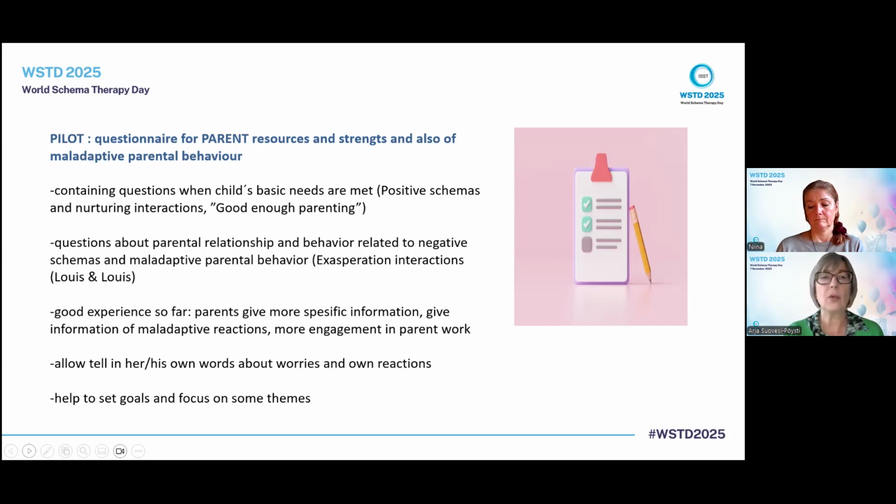But I also have questions about behavior related to negative schemas and maladaptive parental behavior. So far I have good experience of that. Parents give more specific information, also about their maladaptive reactions, and they can be more engaged in parent work, and we can set goals and focus on some themes in collaboration.